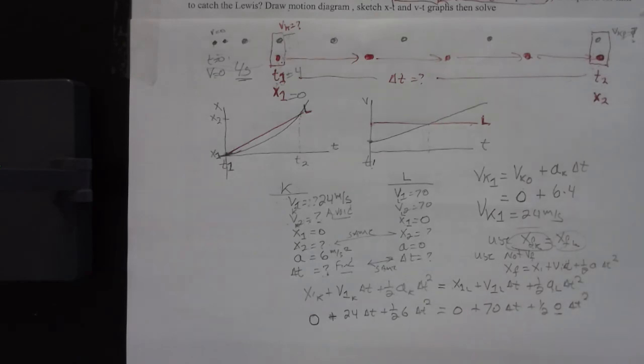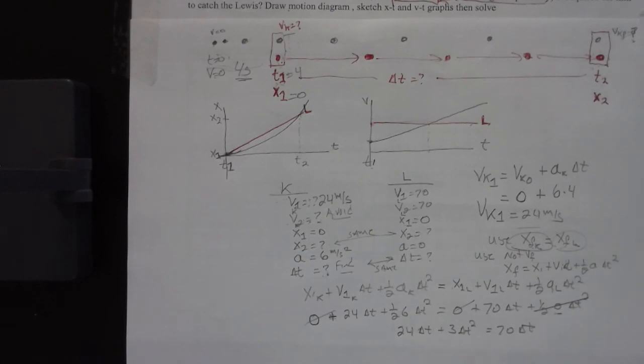Because Lewis's acceleration is 0, that goes away. So I've got 24 delta t plus 3 delta t squared equals 70 delta t, and we can solve that for t and we have our answer, the time it took Kimi to find Lewis. I'll leave that to you, but that's how you set it up.